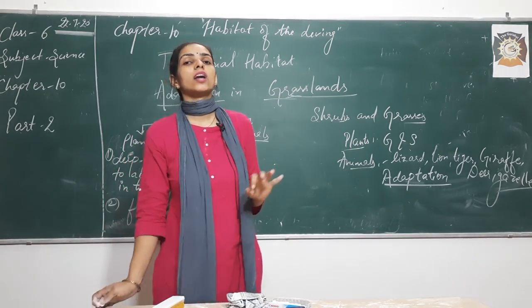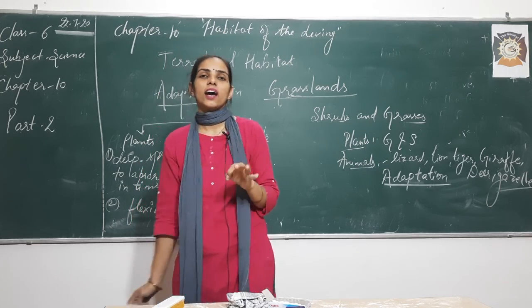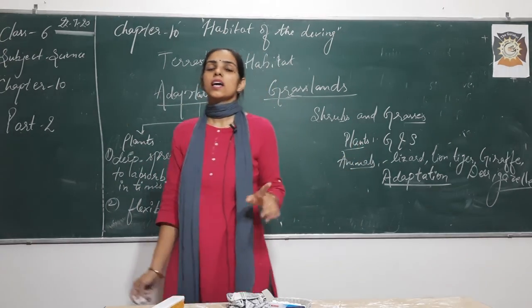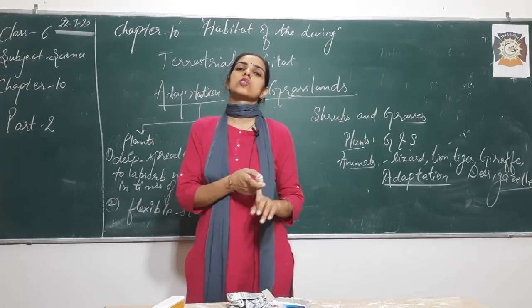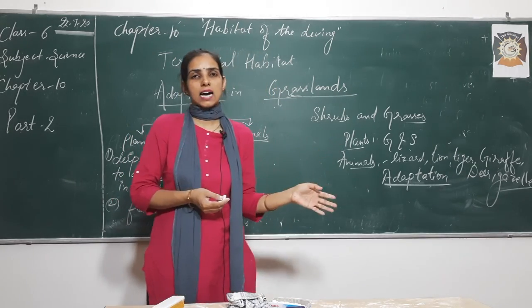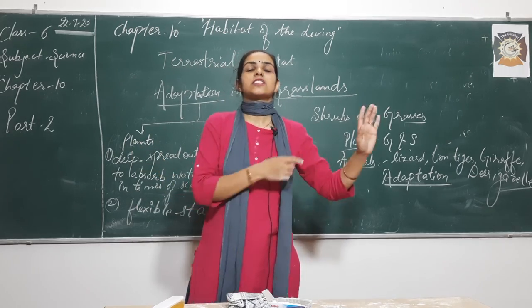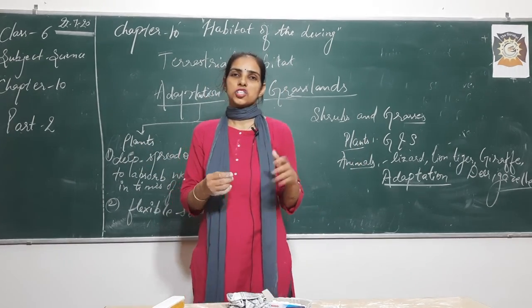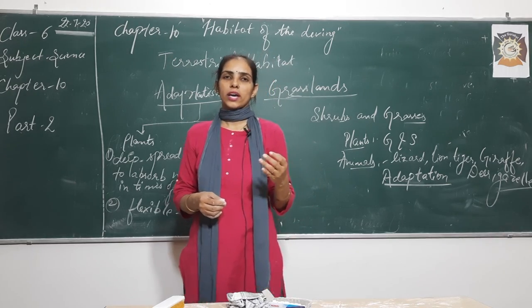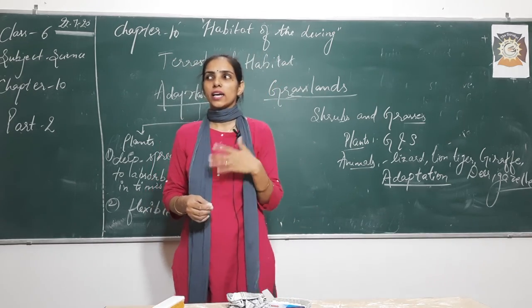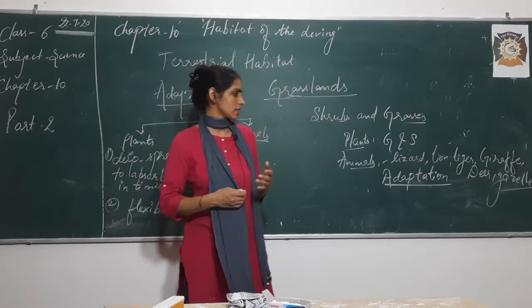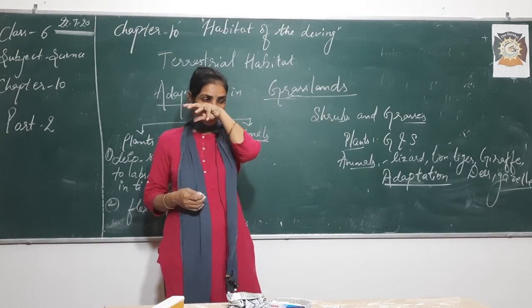In the same manner, lion also has powerful limbs to run fast to chase its prey, okay? Prey means शिकार, okay? जो उनका शिकार है उसको खाने के लिए it just chases that prey, and the hunter is the predator, right?